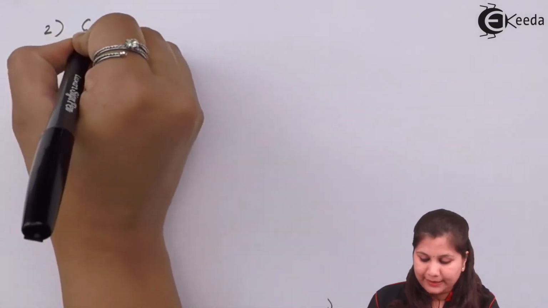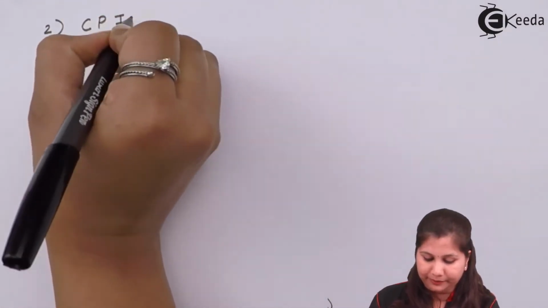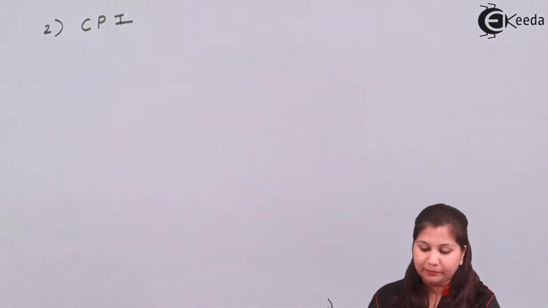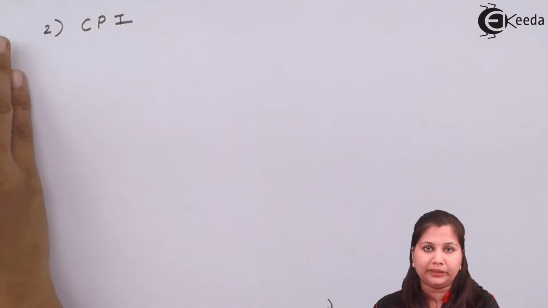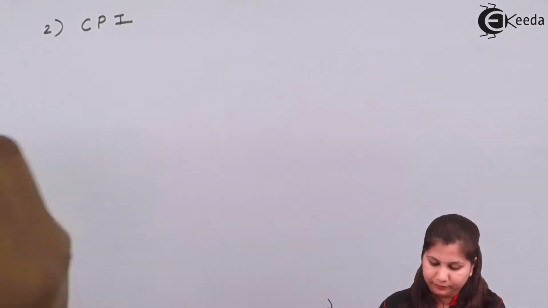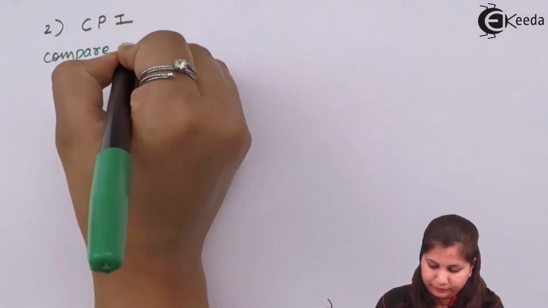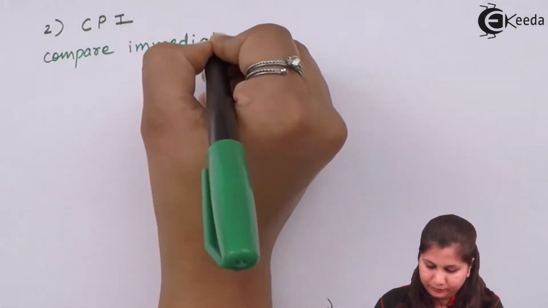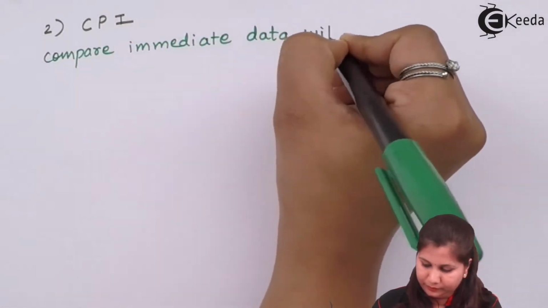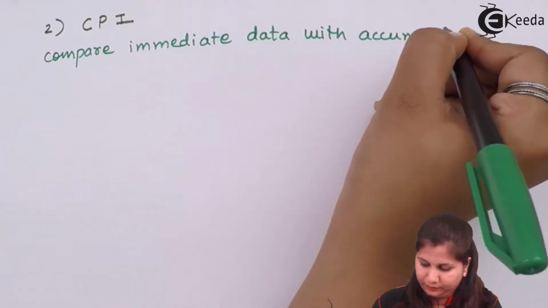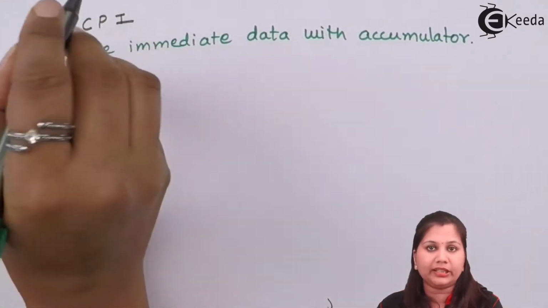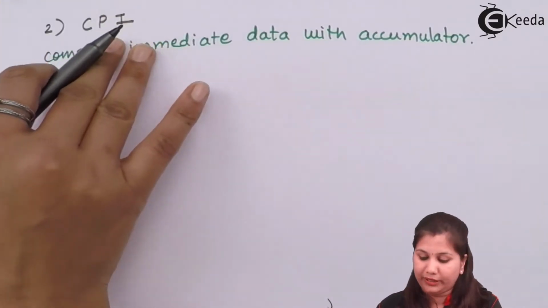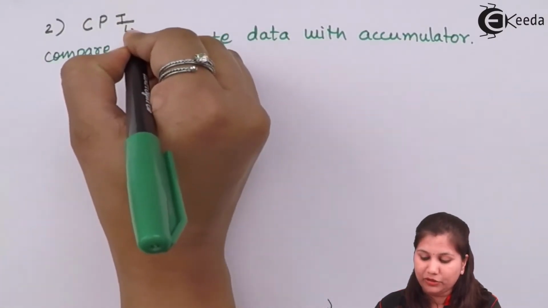Next instruction is CPI. That means compare the immediate data with the accumulator. Whenever I is written in any instruction of 8085, this I means immediate.